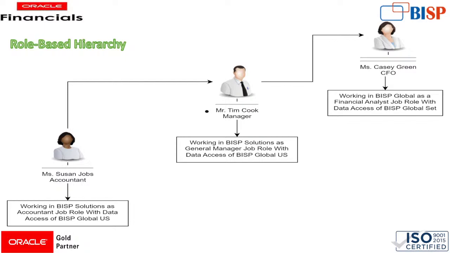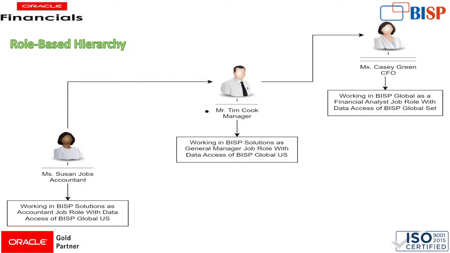Tim Cook is the manager working in BISP Solution with a general manager job role, with the data access of BISP Group US, and Ms. Casey Green is the CFO working in BISP Global with a financial analyst job role, with data access of the BISP Global set, right? So she got access to the global set. First we will move to Susan Job, then we will see Tim Cook and also Casey Brown.